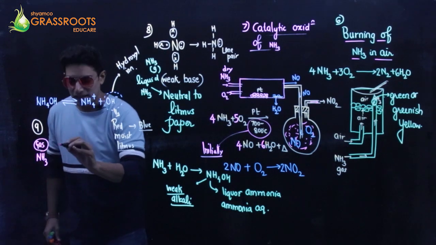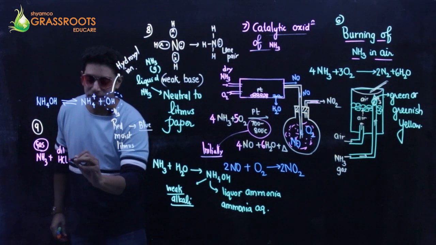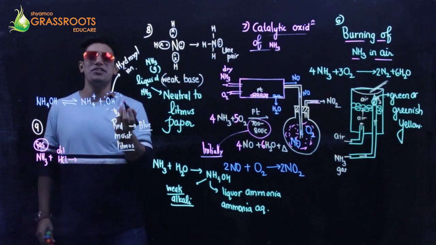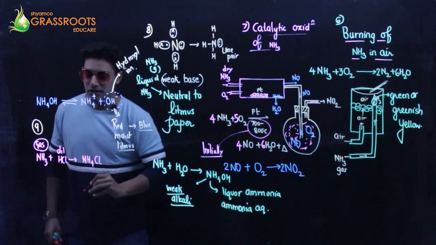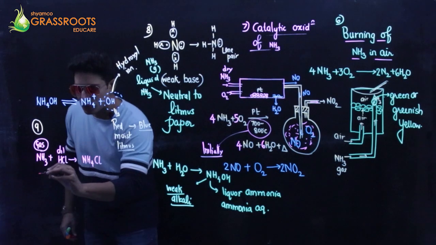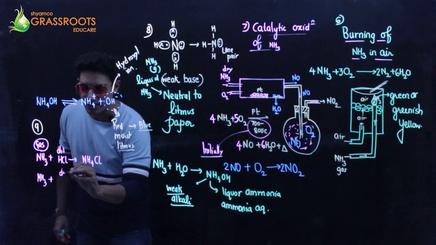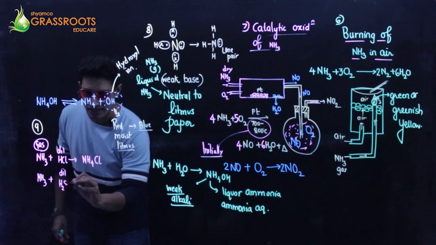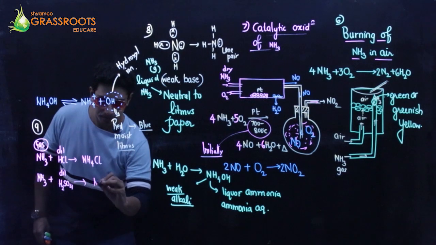Ammonia gas in dilute acid, let's take dilute HCl. It forms an ammonium salt, ammonium chloride. It's balanced. You take another reaction of ammonia gas and react it with dilute sulfuric acid, you get ammonium sulfate.